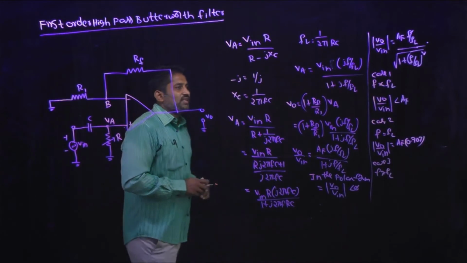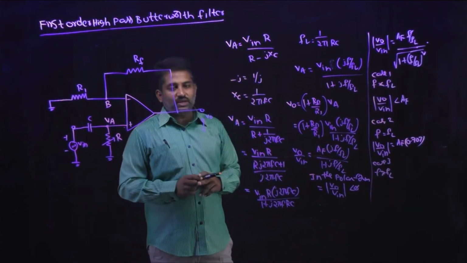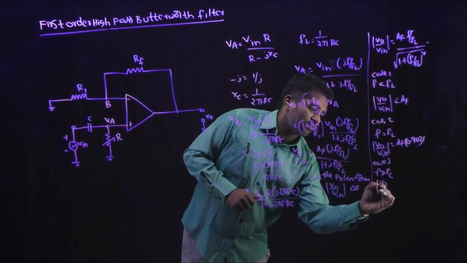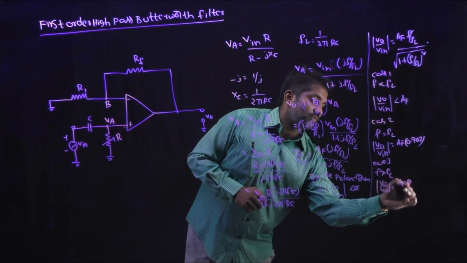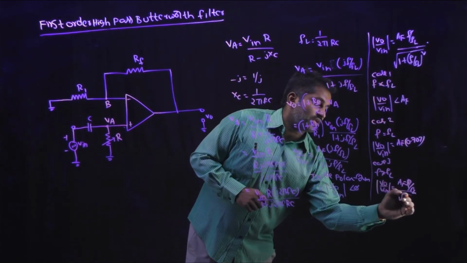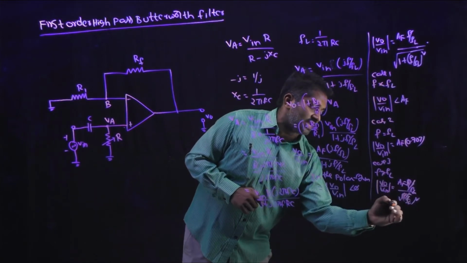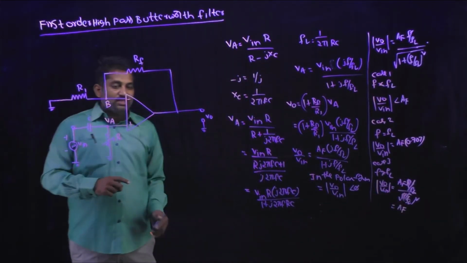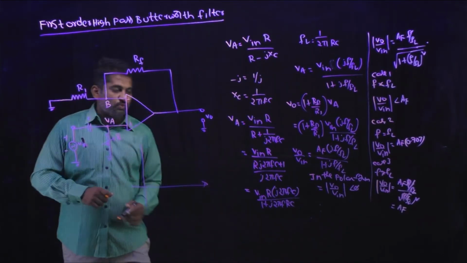When F is greater than FL, comparing with 1, that term will be neglected. So you will get modulus of V0 by Vin is equal to AF into F by FL divided by square root of (F by FL) square. Square and root cancel, FL cancels, then you will get AF. So from these three cases, we can easily represent the frequency response.